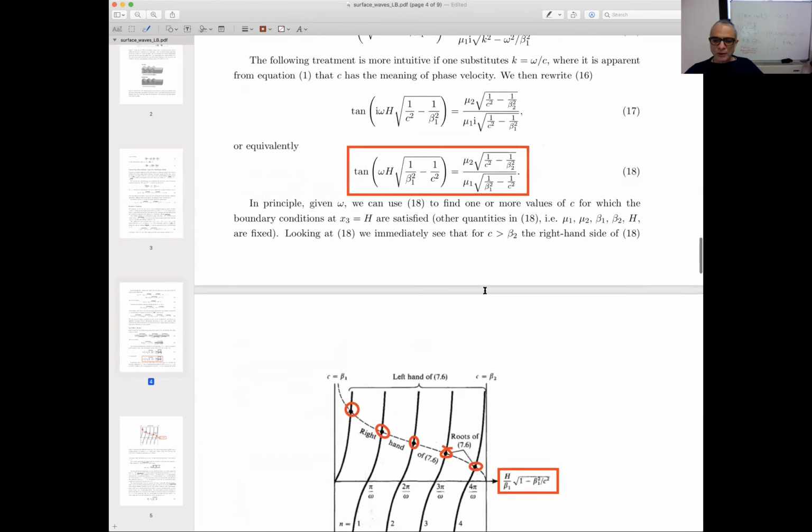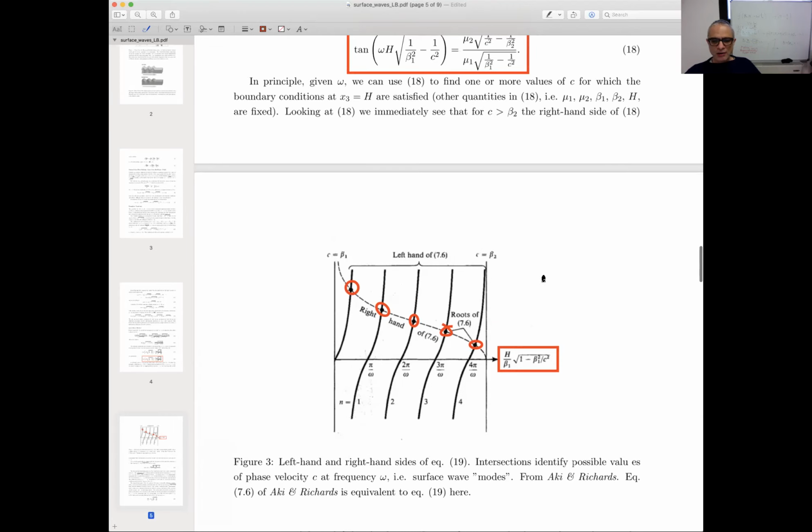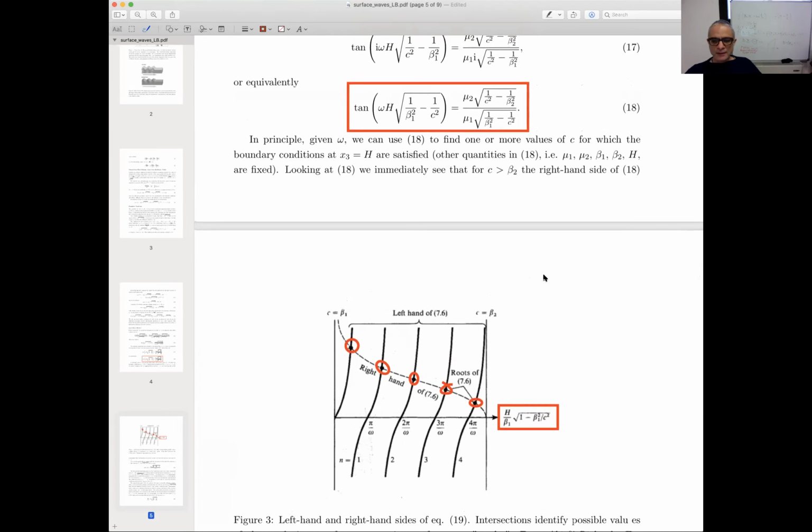But the moment you apply the boundary condition, this freedom is gone, and only a discrete set of values of these parameters become acceptable.